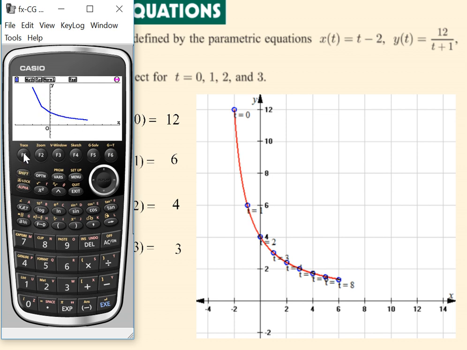If I go to trace, my first point is at (negative 2, 12), which we have here. If I push across, now t equals 1, I'm at (negative 1, 6), which is this point down here. Each time I push across, my t value is going up by 1 unit rather than 0.01 units. So changing the pitch will help you do that.